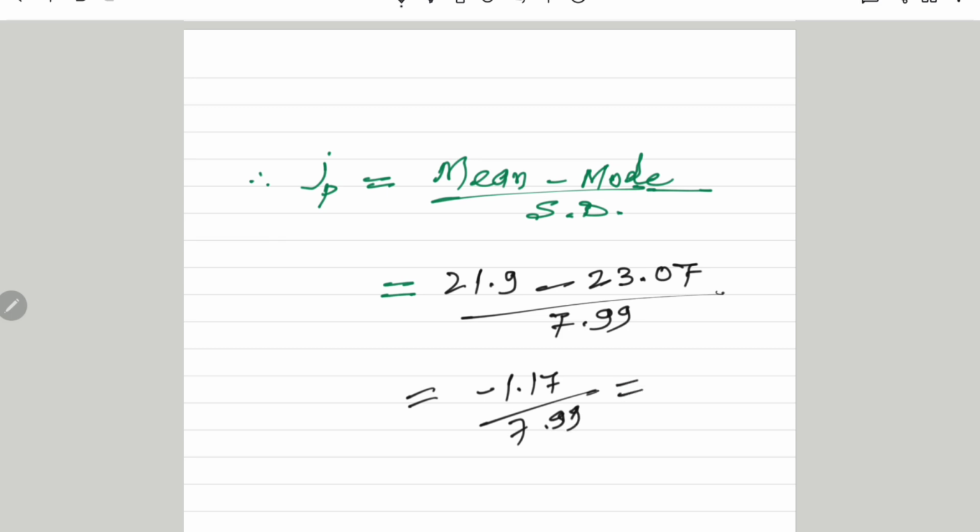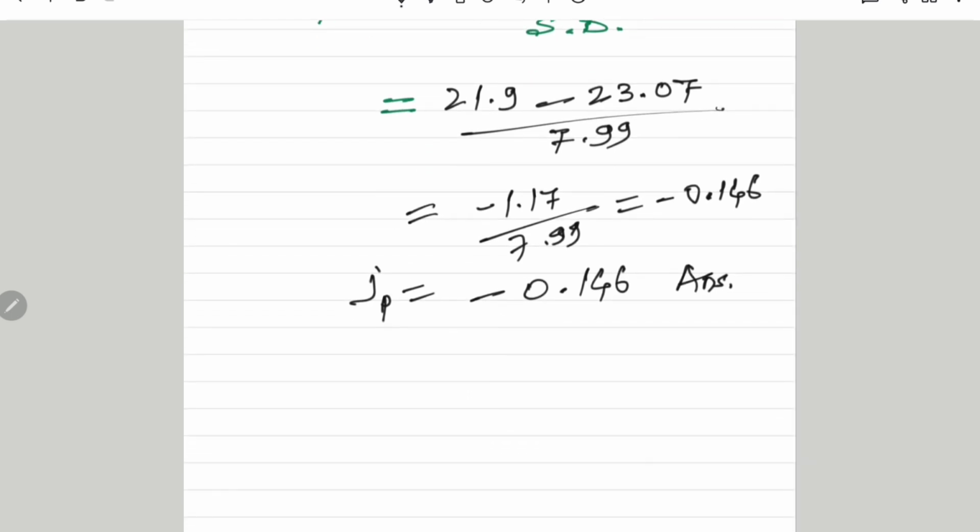Therefore, divided by 7.99, we get that value as minus 0.146. This is the Karl Pearson's coefficient of skewness, minus 0.146 is the required value.